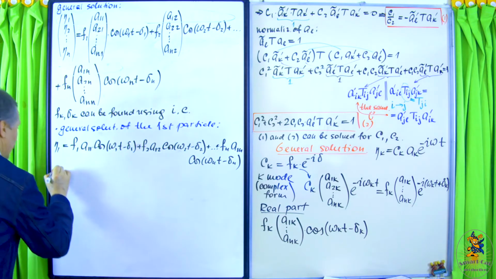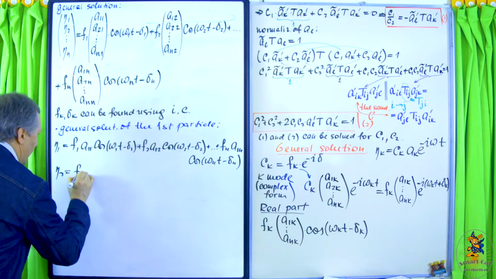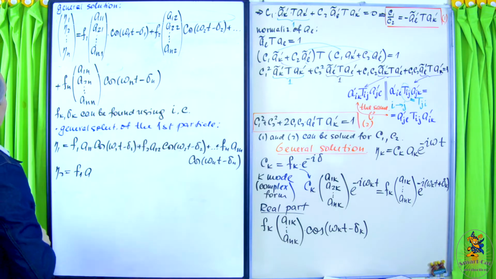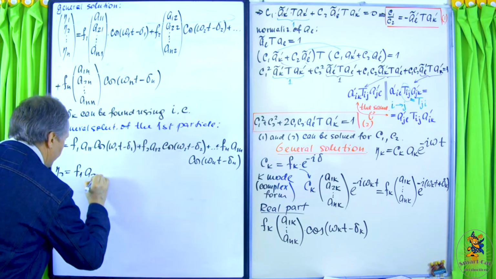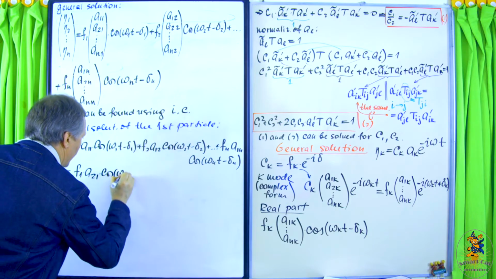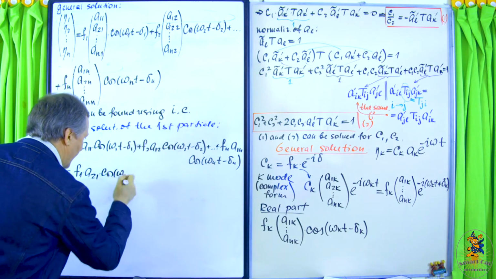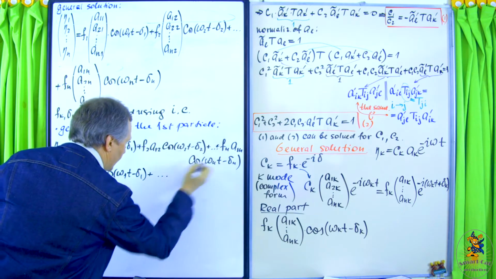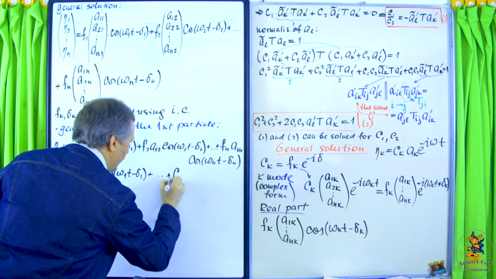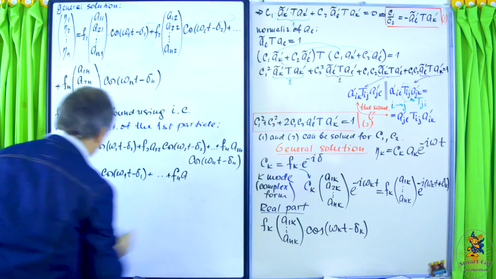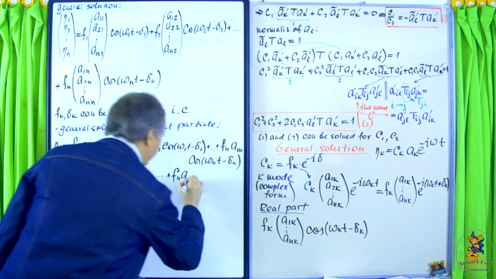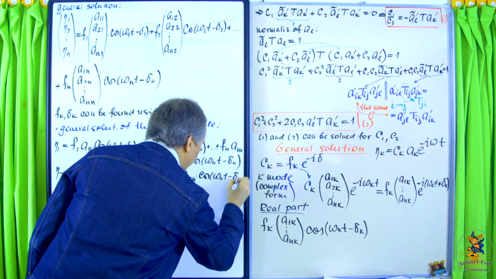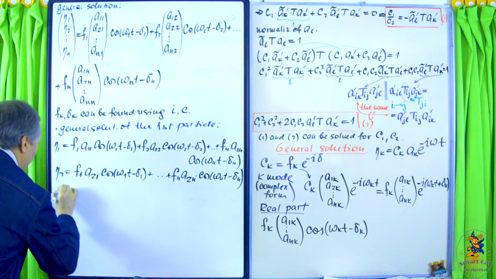So then the same for eta 2: F1 A_21 cosine omega 1 t minus delta 1, and so on till the last term Fn A_2n and cosine omega n t minus delta n, and so on.